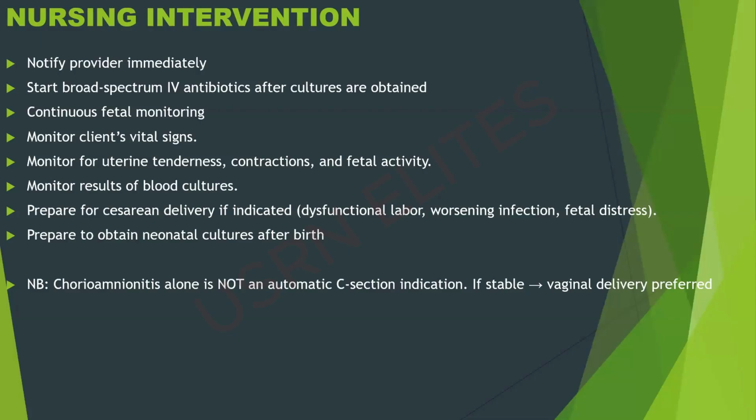But we don't wait. That's why we start with broad spectrum, because we don't wait for the result to come. Once you give broad spectrum, it's going to have effects on all the bacteria before the actual result comes.